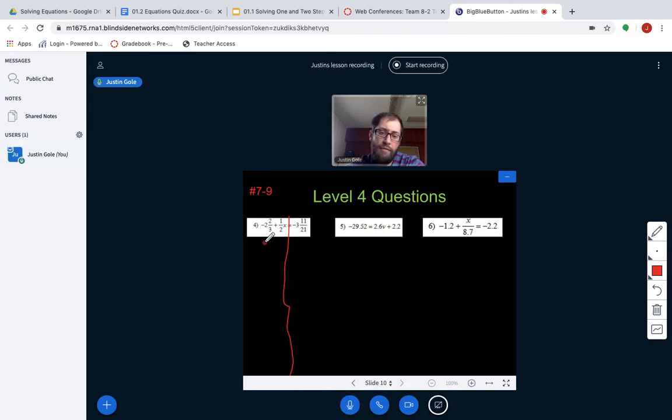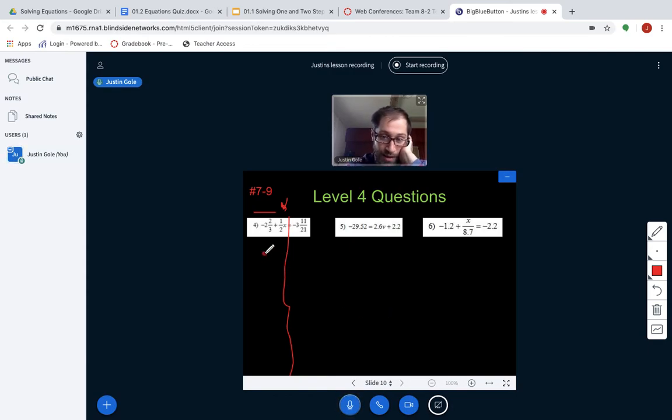So we still have negative 2 2/3 plus 1/2 x equals negative 3 11/21. I have addition and multiplication times 1/2 on this side, right? I've got 2 operations. It's still 2 steps. Just the decimals or fractions in these problems make it difficult.